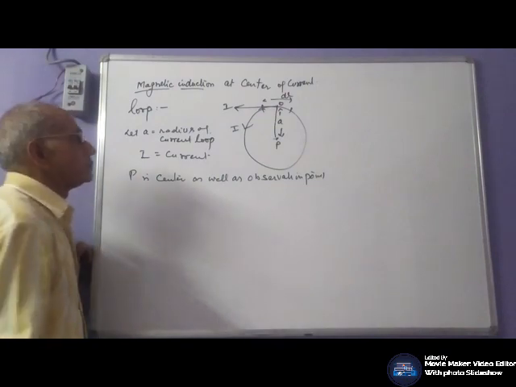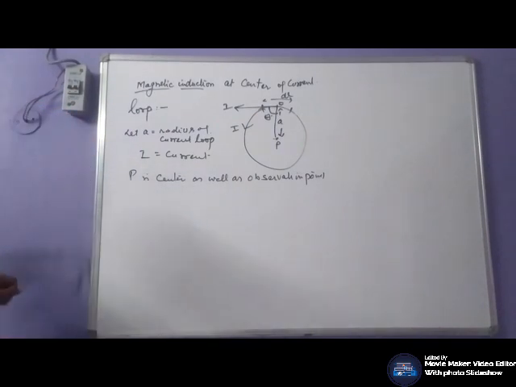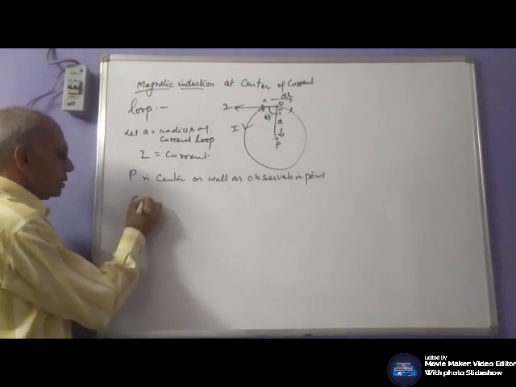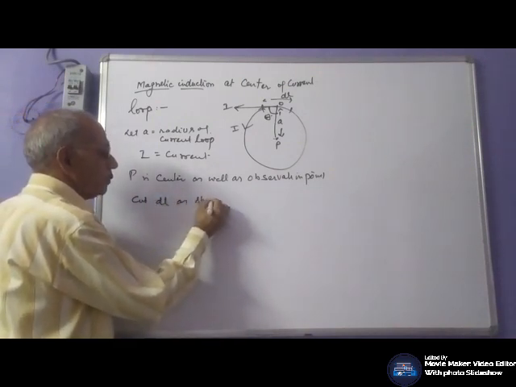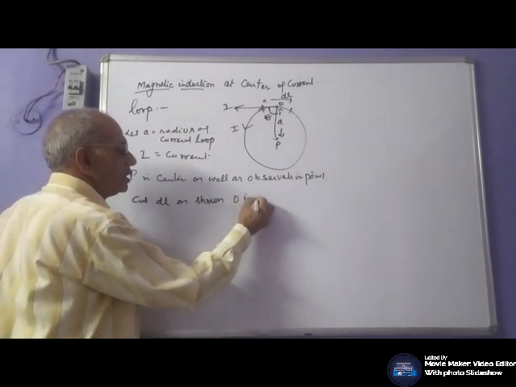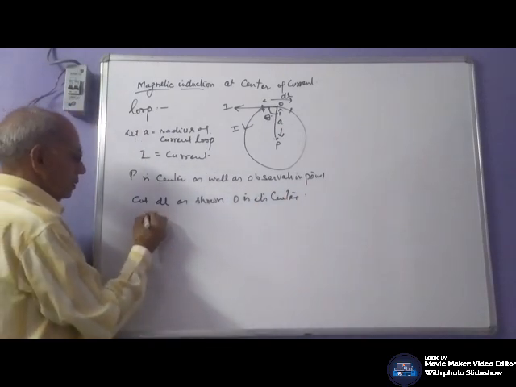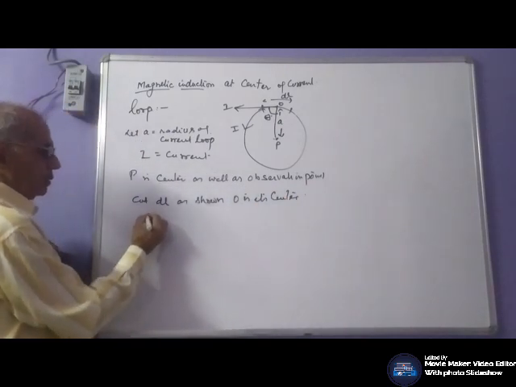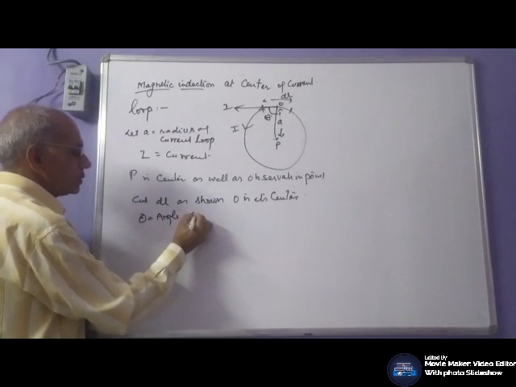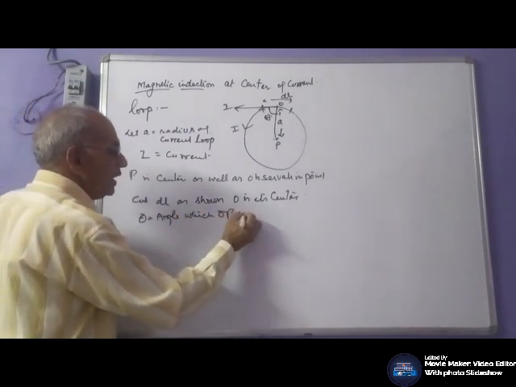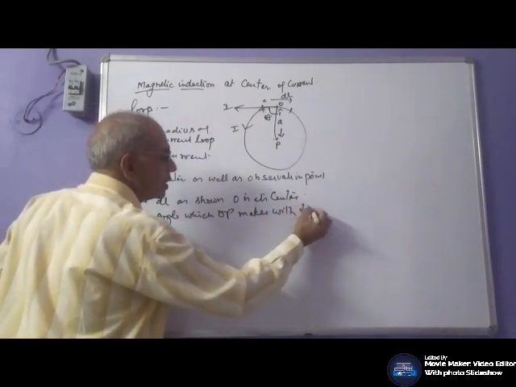This is the direction, and theta is the angle which OP makes with the direction of current. Cut dl as shown. O is its center.